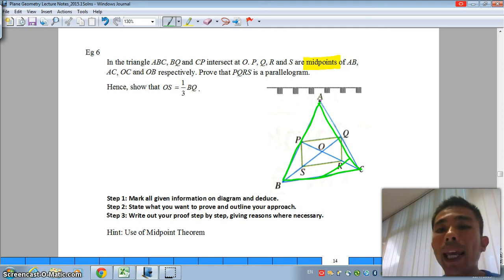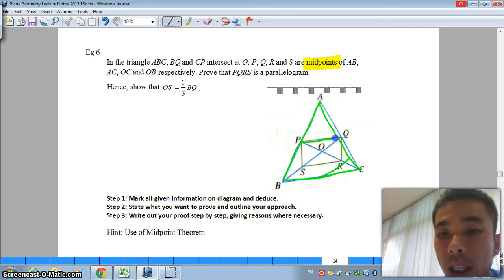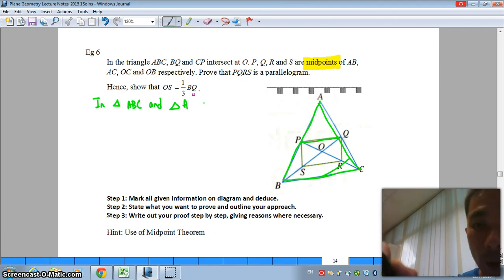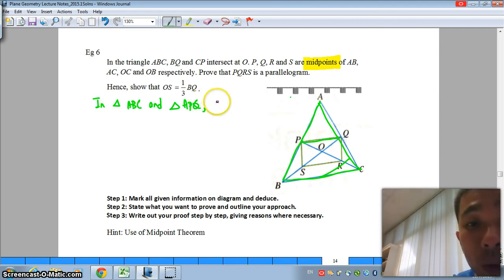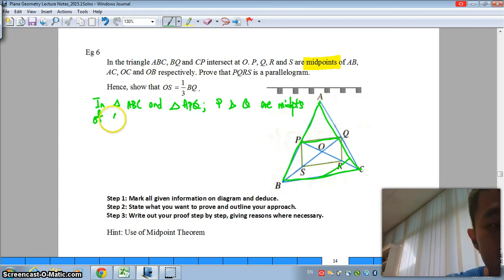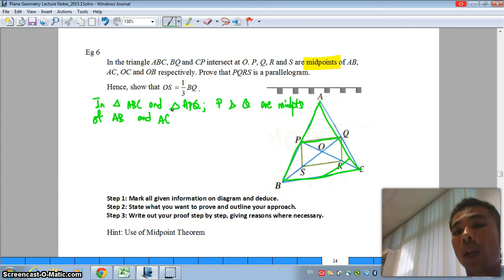Notice in triangle ABC and the smaller triangle APQ, P and Q are midpoints of AB and AC. Please tell me the two conclusions you can make.